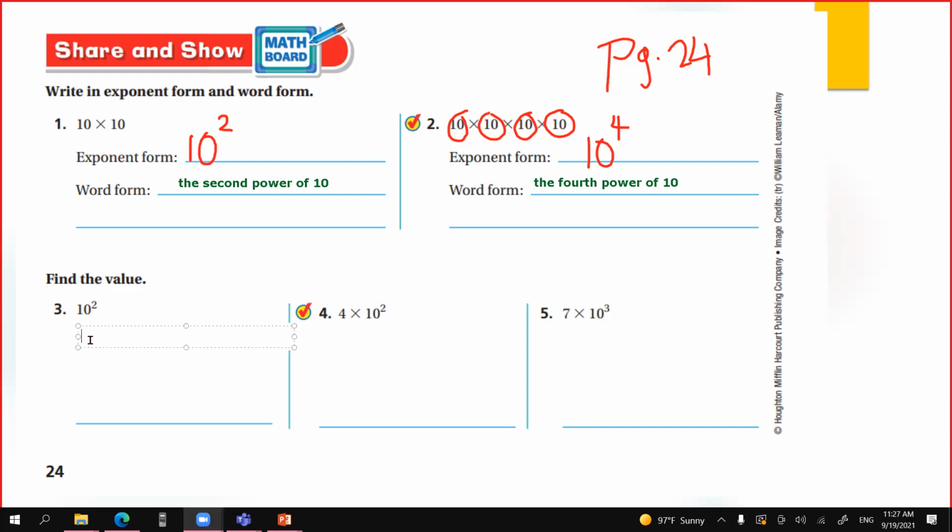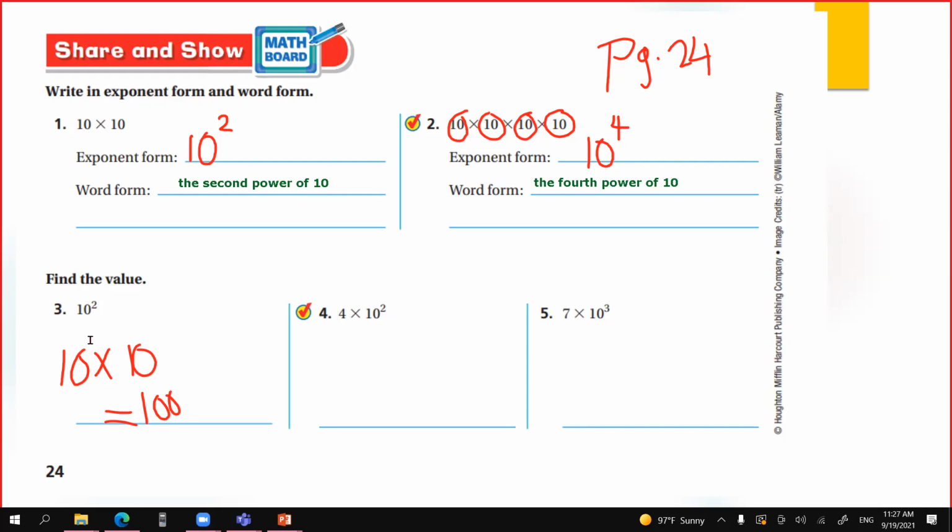Repeated 2 times. Bravo. So you have to say 10 times 10, which equals? No, not in the word form. I want you to give me its value. Its value, 10 times 10 is? 100. Bravo. Thank you.